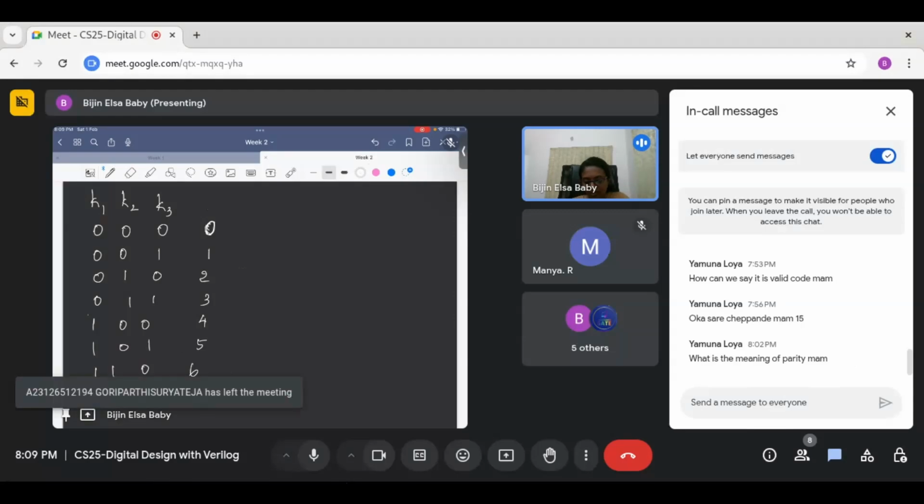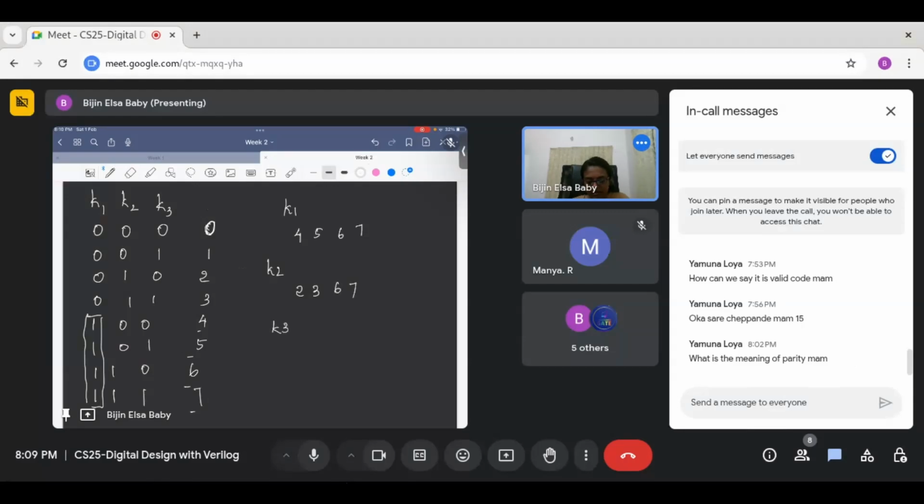Now look at this. K1 is influencing the bits 4, 5, 6, 7. K2 influences 2, 3, 6, 7.